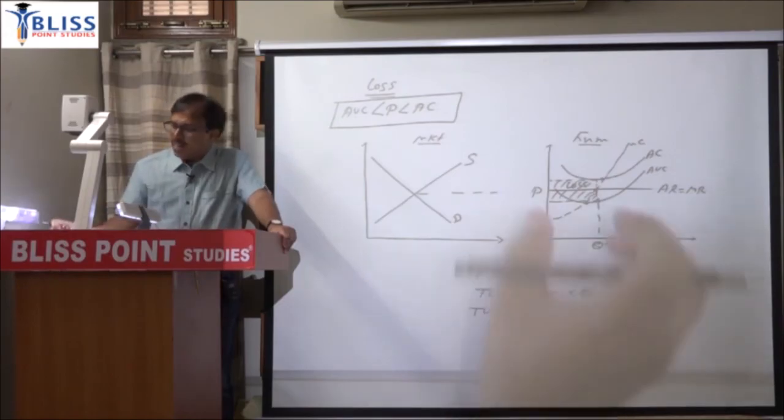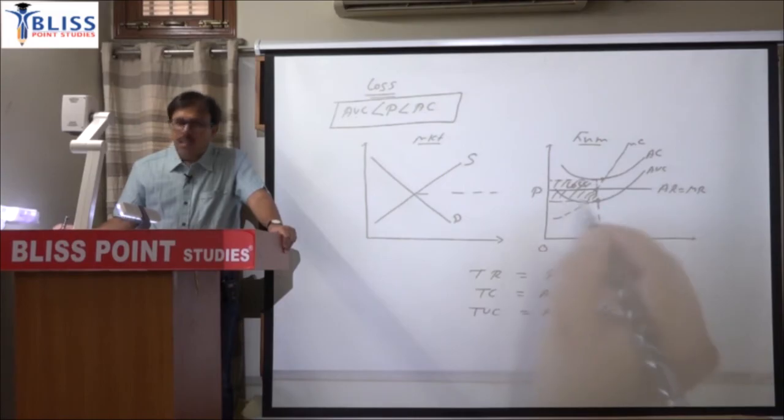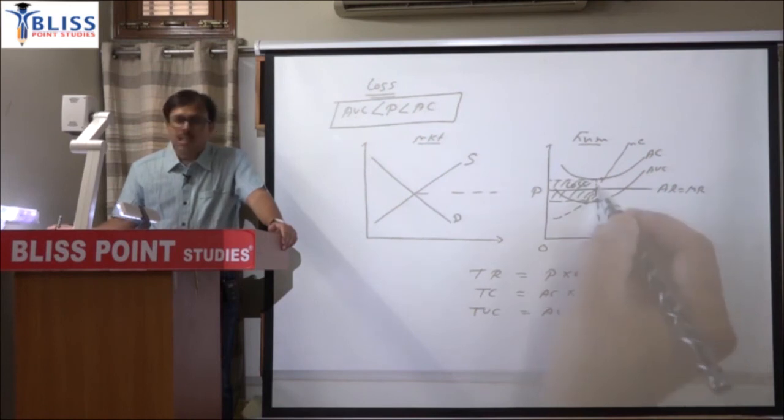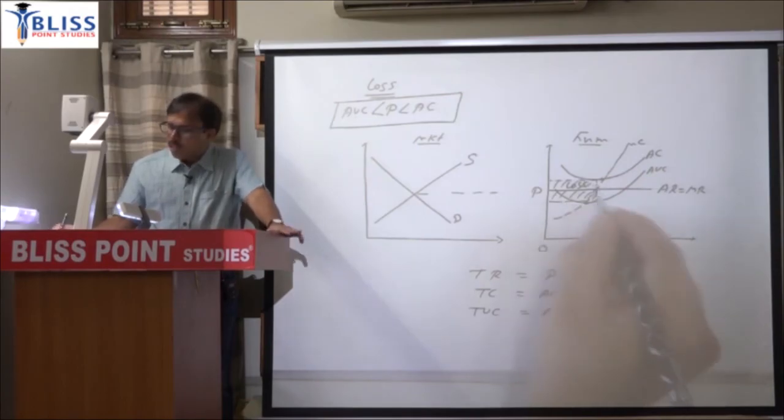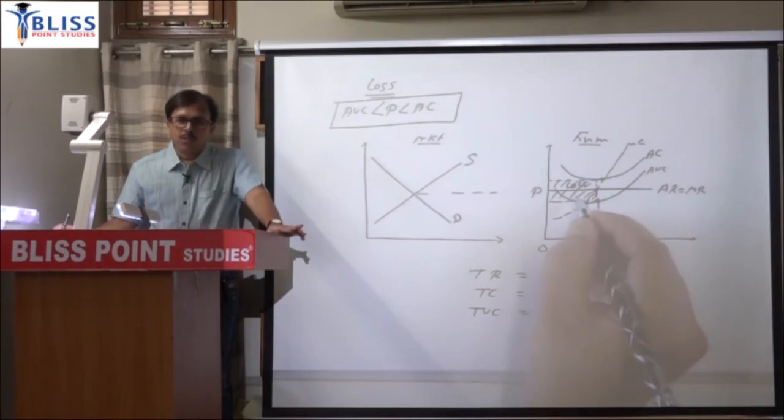So obviously as you shift average variable cost, this operating profit area will get reduced. So when that area get exhausted, and it will get exhausted when average variable cost is tangent on that line, that horizontal line, and that will be the shutdown point. So long as you are able to see this area, firm will operate despite loss.